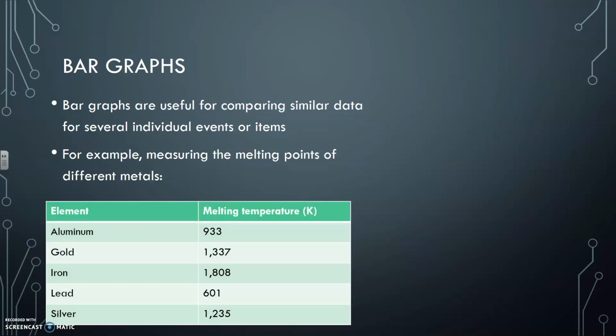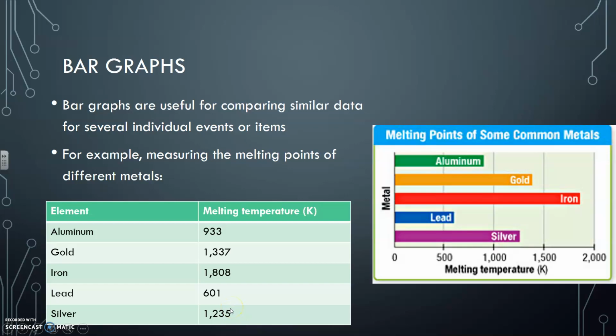If we look at this here, it would take you at least a couple seconds to look through each of these numbers, each of these melting points, and figure out which one's the highest and which one's the lowest. But if we put that in a bar graph, it's pretty easy to see immediately. Iron has the highest melting point, lead has the lowest.